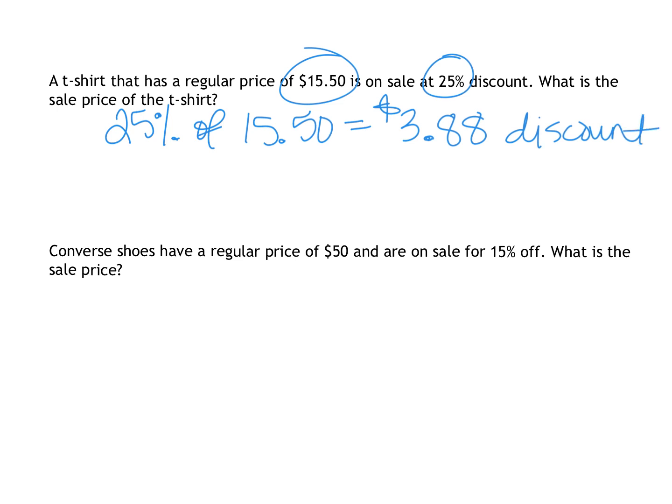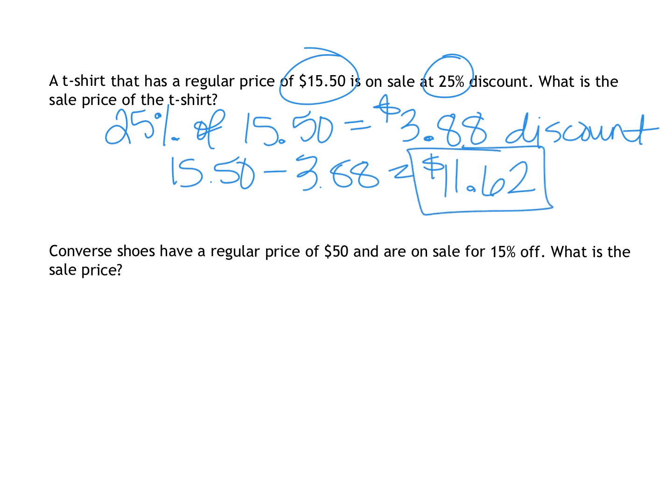Then we take $15.50 and we subtract our discount. So 15.50 minus 3.88 gets me $11.62 is my total cost. I could also, just because I know 100% minus 25% is 75%, I could also just take 75% of $15.50.